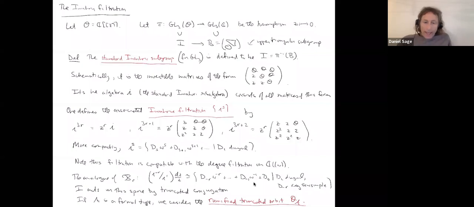So the group I acts on this space by truncated conjugation. And if A is a formal type, we can now consider the ramified truncated orbit O of A.